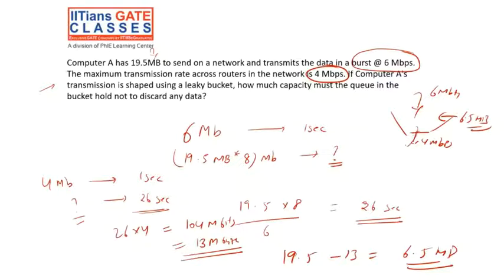So 6.5 MB of extra space is required in the bucket, so that we can store this data also, and after sending 13 MB, we can send this later. There will be no discard of the data.